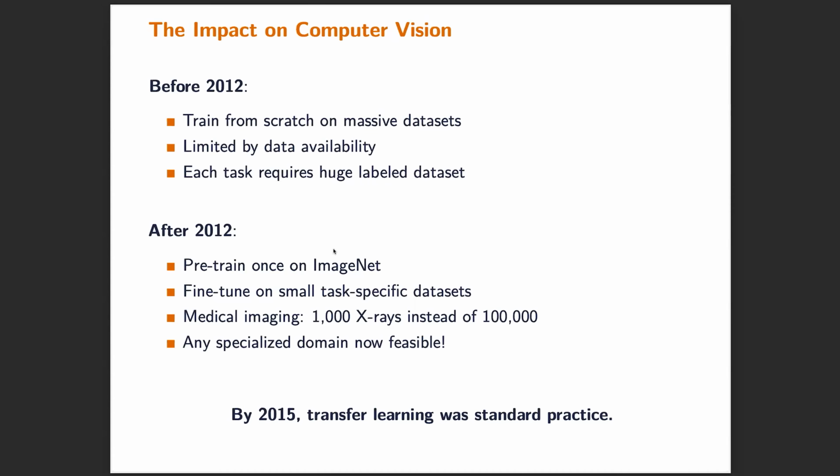But now that we have this setup, we can fine-tune our neural network for these finite data sets. Hence, this allows us to have specialized networks in different specialized domains. So by 2015, basically, this idea was standard practice in computer vision.